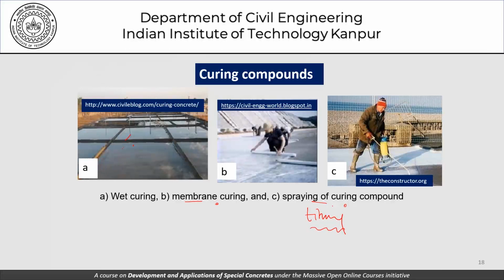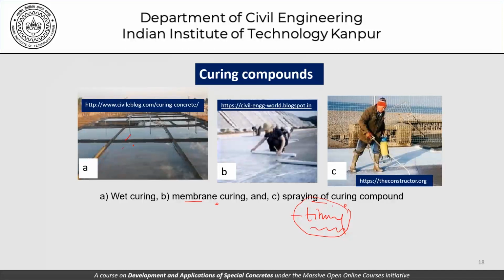How much time should have elapsed before operators can walk around on this concrete surface without damaging it and still apply either the membrane, that is the polythene sheet or whatever sheet you're using, or apply the curing compound? This is something we need to be especially careful about when we're trying to use these methods.